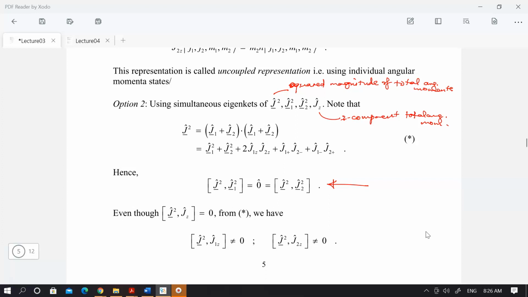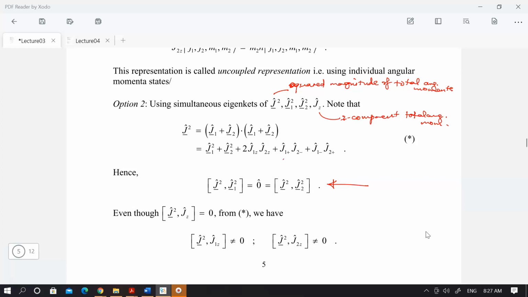So you will get J1 squared, J2 squared, and then there are cross terms. One can write the cross terms in this particular form. You have your J1Z and J2Z, but you also have your J1 plus and J2 minus. This comes from the X and Y.